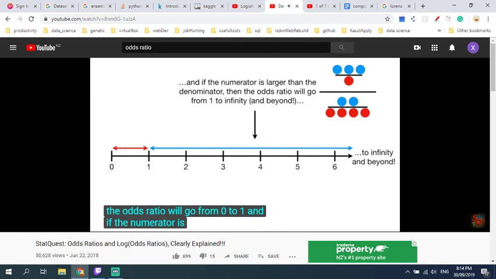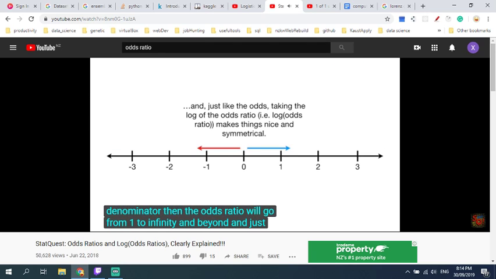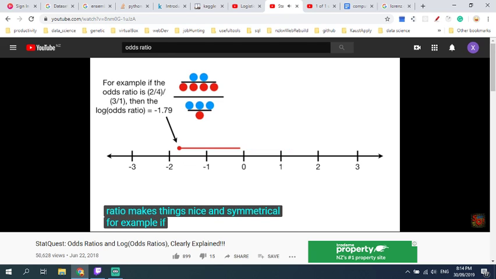And if the numerator is larger than the denominator, then the odds ratio will go from 1 to infinity and beyond. And just like the odds, taking the log of the odds ratio makes things nice and symmetrical. For example, if the odds ratio is 2 divided by 4 over 3 divided by 1, then the log of the odds ratio equals negative 1.79.